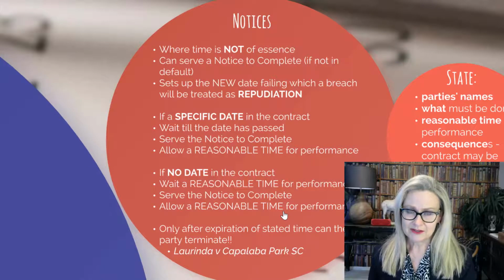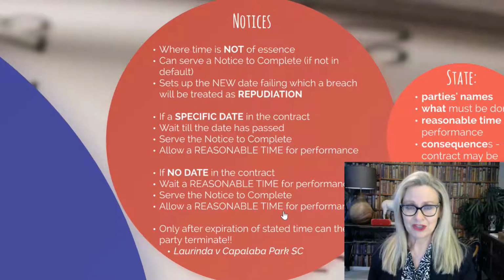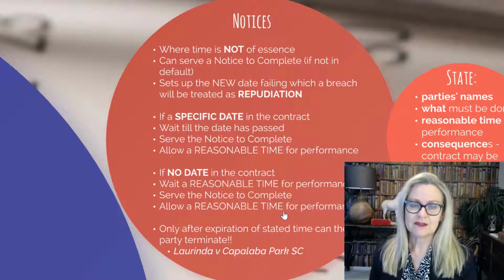That notice to complete itself must allow a further reasonable time for performance, and it's only once that time has elapsed that you can then go ahead and accept their repudiation and terminate. Lorinda and Capalaba Park Shopping Centre is the authority there that you should have looked at in contract law, as I said, ad nauseum pretty much. So that is the issue of notices to complete.